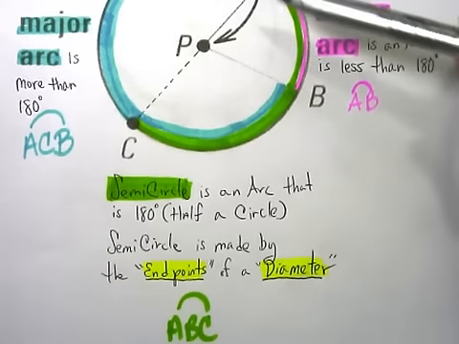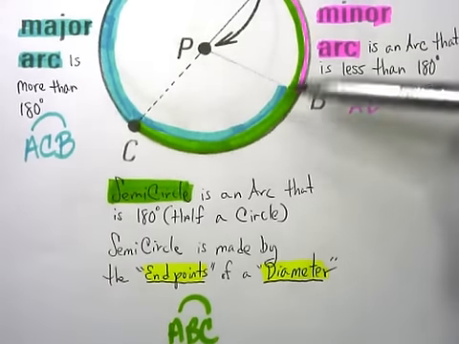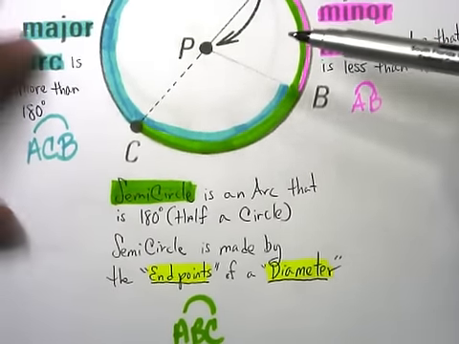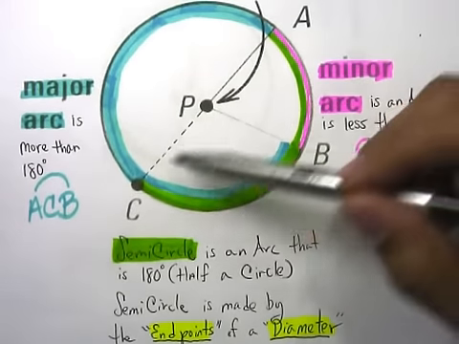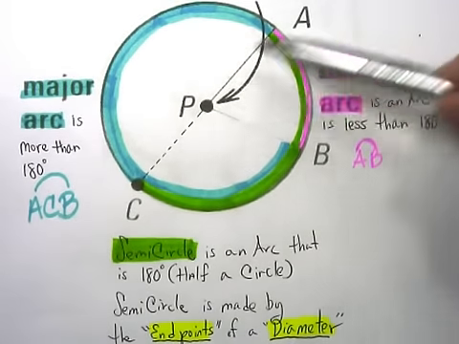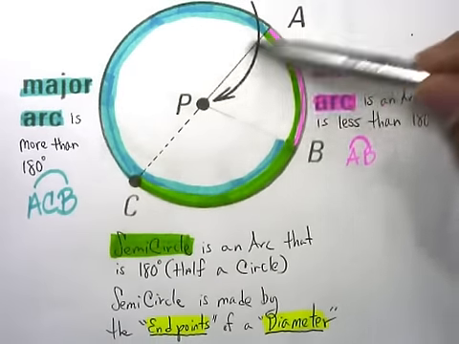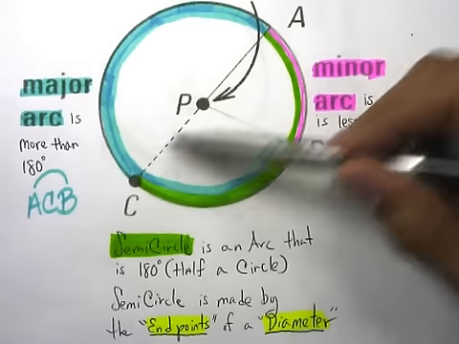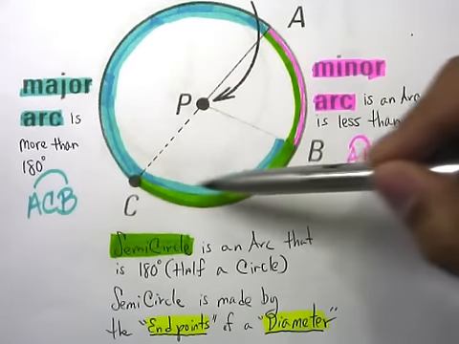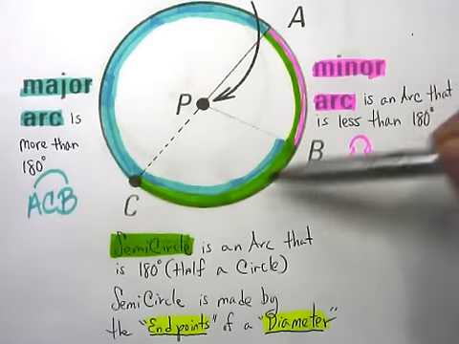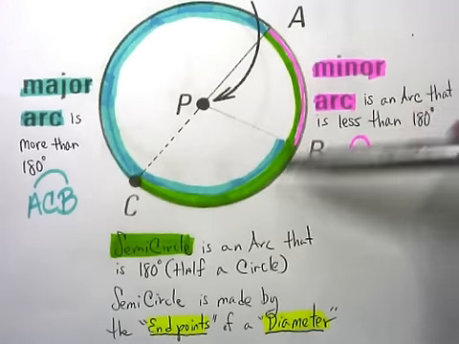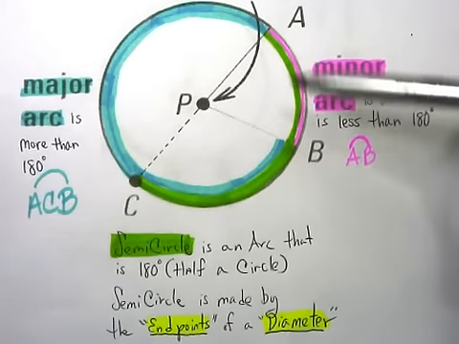And the definition of a semicircle is that it's an arc whose endpoints are the endpoints of the diameter of the circle. So if you look here, here's a diameter going through my circle, and you can see in this arc that the endpoints of the diameter are the endpoints of the semicircle. And that's how I know it's a semicircle.